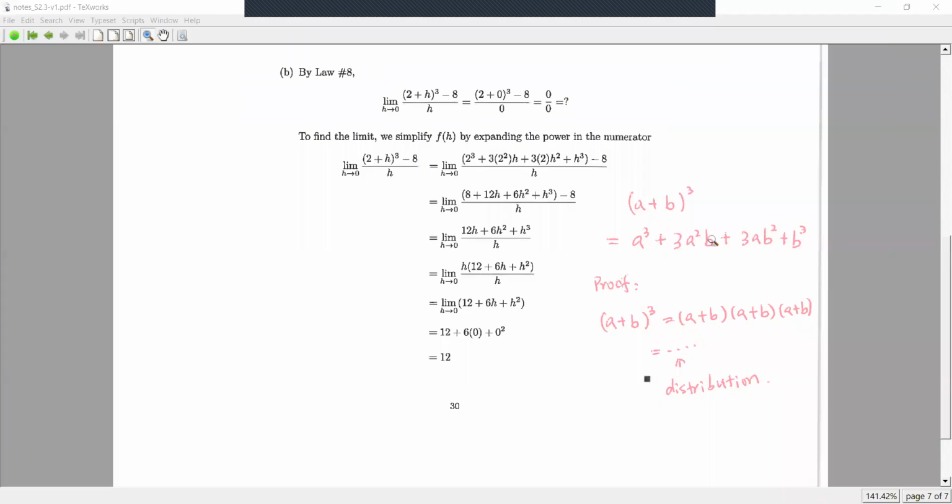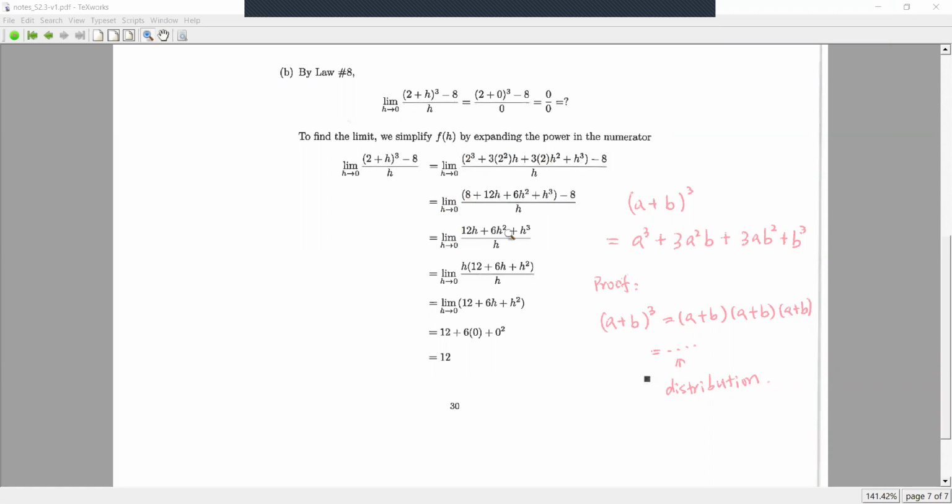By this formula, the power 2 plus h to the third can be expanded into this sum. Now simplify the coefficients. Then we have this equation. Cancel the number 8, then we have this equation.